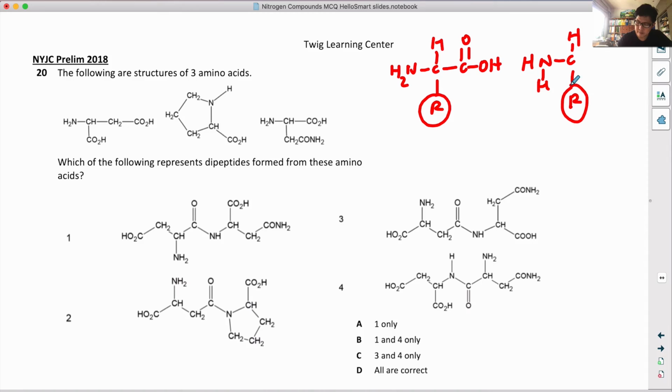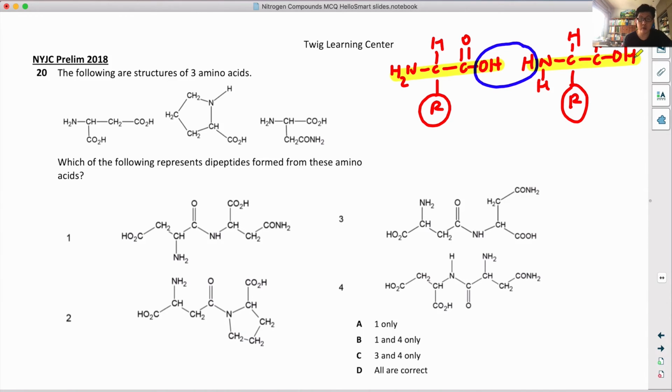When you form them, you always take away the OH and the H on the OH from the COOH and the H from the N. But take note, you always remove the water from the main chain, not from the R group.